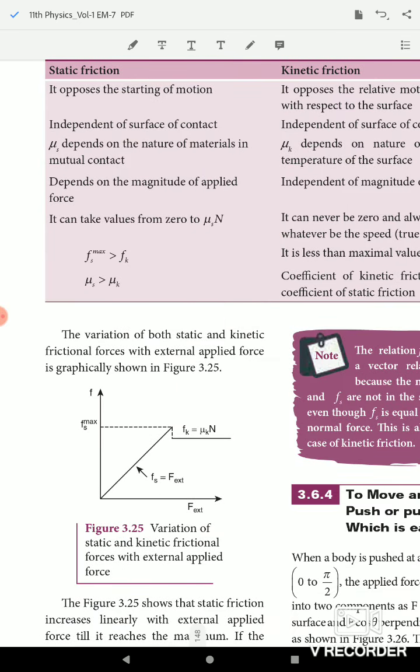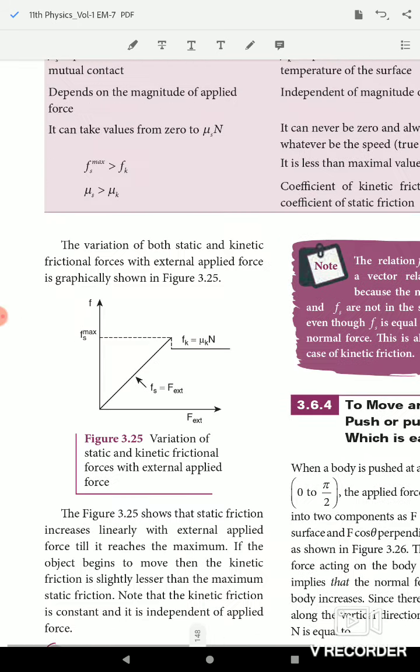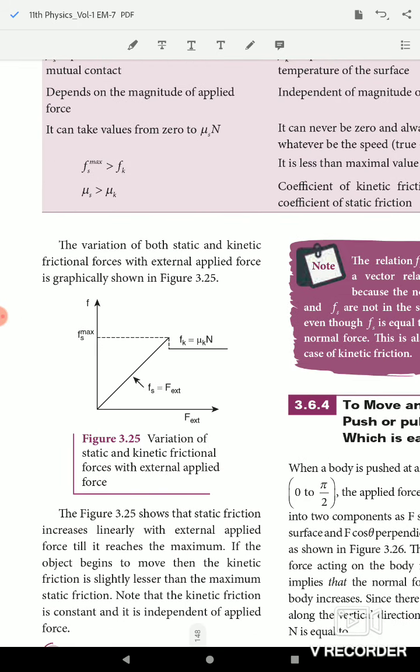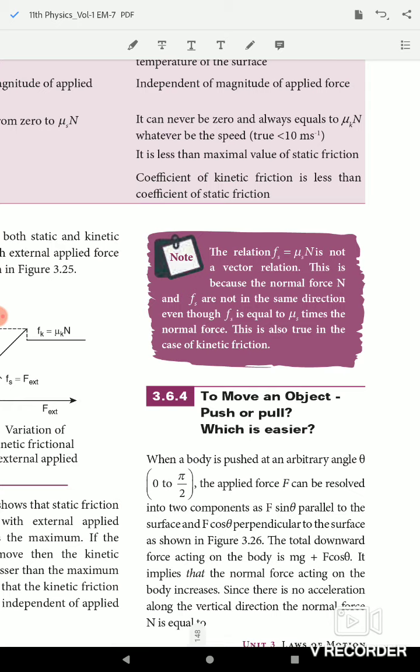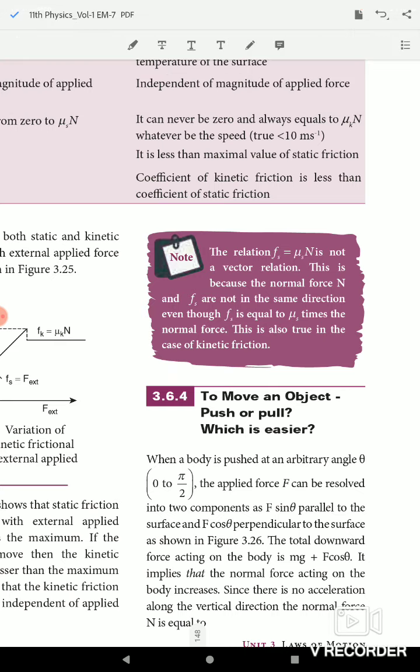Static friction depends on the magnitude of applied force. Kinetic friction is independent of magnitude of applied force. Static friction can take values from 0 to mu s n. Kinetic friction can never be 0 and is always equal to mu k n, whatever be the speed, provided it is less than 10 meters per second.